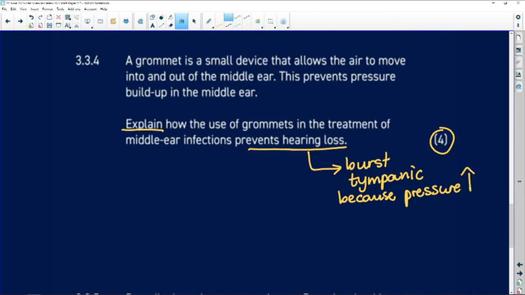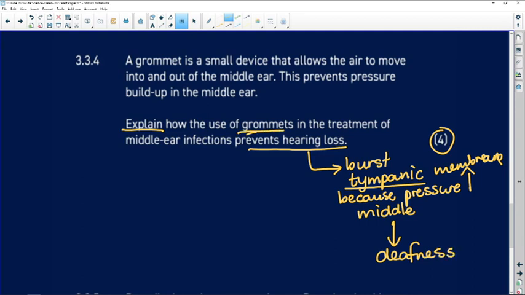Because of increased pressure in the middle ear, that middle ear will expand and burst the tympanic membrane, and that will result in deafness or hearing loss.